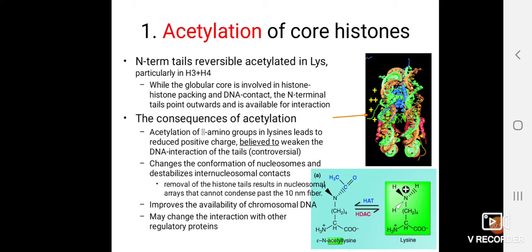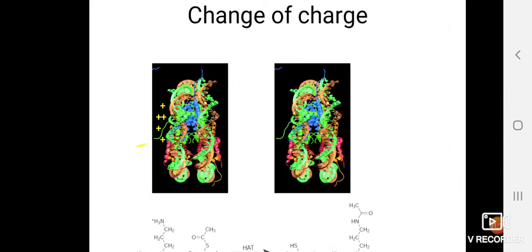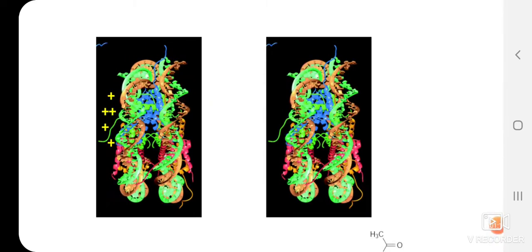Specifically they have these lysine amino acids, which interact with the DNA and hold it very tightly. Now because of this acetylation, you can see they are initially positively charged, but those positively charged histones are going to become neutral.